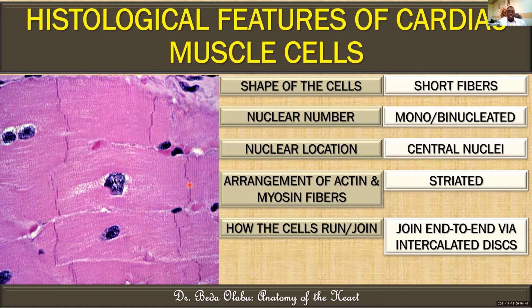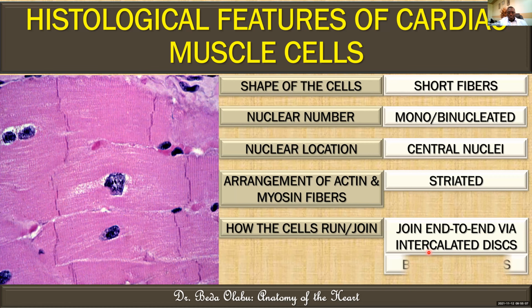Remember, intercalated discs contain 2 major components: desmosomes, which hold the cells together, so they are the adhering junctions, and gap junctions, which allow free communication of ions between one cell and another. So they're communicating junctions.